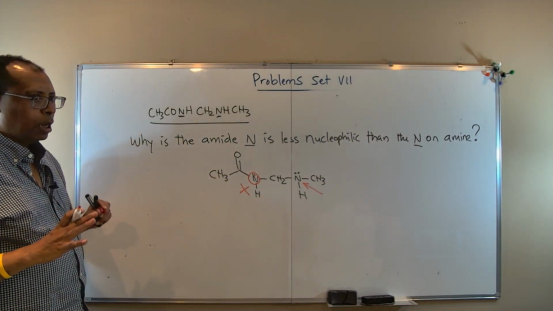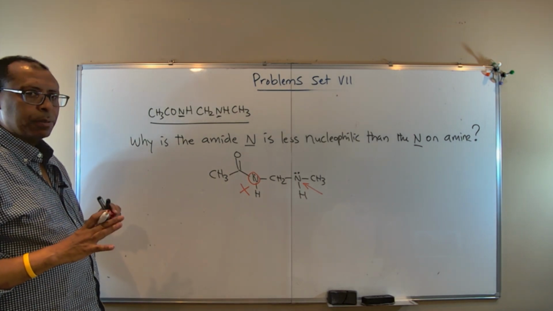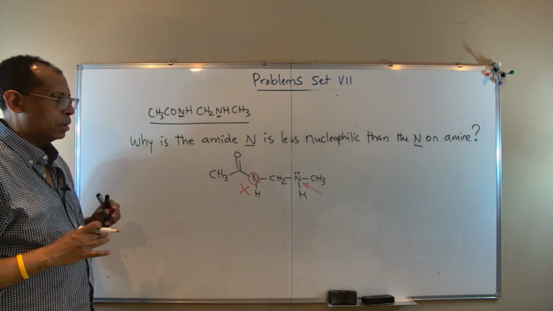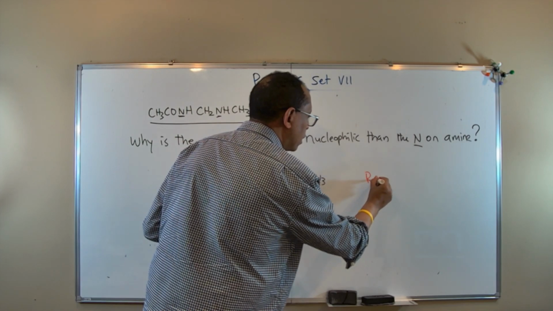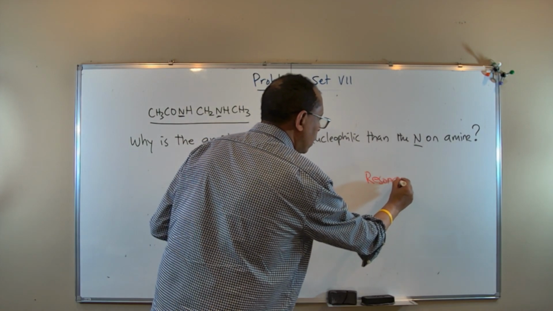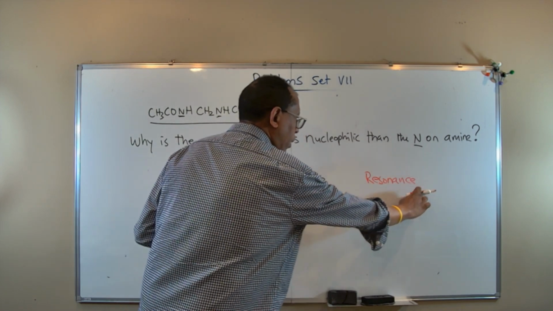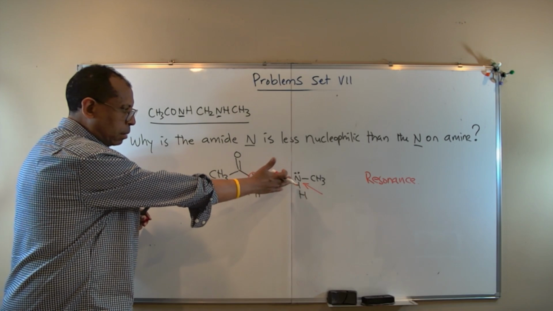This can be easily answered by a simple concept you have learned at the beginning of the course, that is resonance. Resonance can explain that. But before I go to resonance, why is this more nucleophilic?